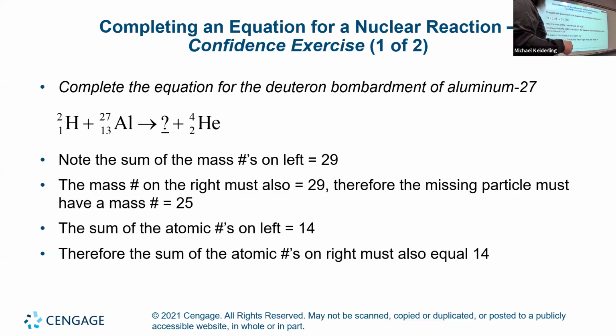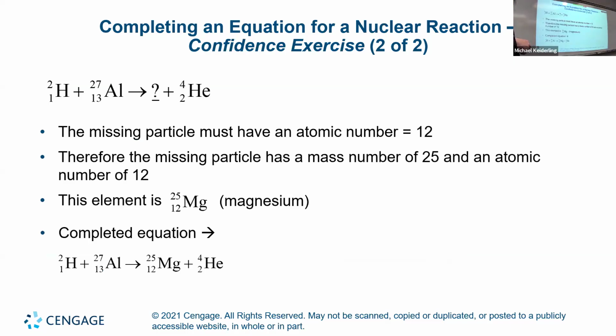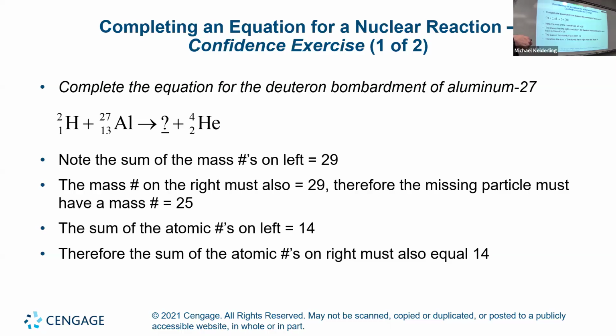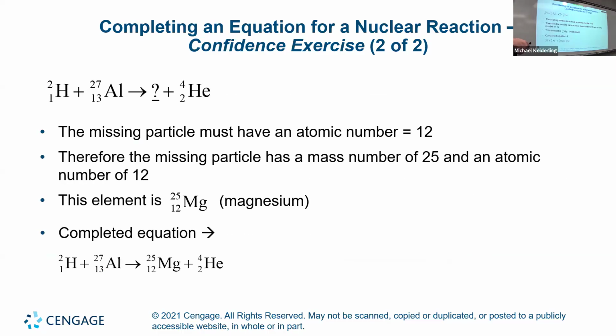And the sum of the atomic numbers on the left is 14. So the sum of the atomic numbers on the right must also equal 14. So the missing particle must have an atomic number of 12. So it is a mass number of 25, atomic number of 12. This is magnesium-25.